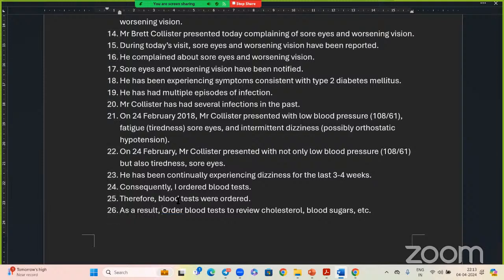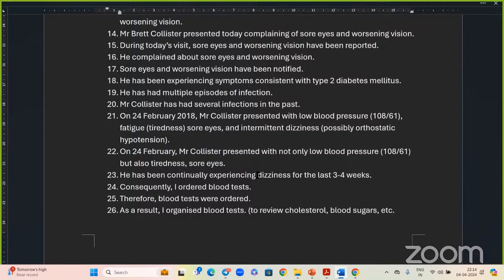As a result, I organized blood tests. Therefore, I organized blood tests to review cholesterol, blood sugars, etc. That's why you organized blood tests, or why you ordered, or why you recommended.